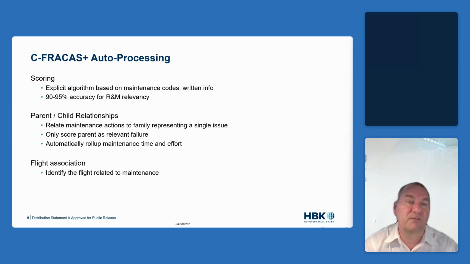It identifies what that true problem is and sets it as the parent, and then it relates all the associated maintenance time and maintenance effort to that parent. And that represents probably about 30% of the maintenance that goes on. It's trying to create that relationship. So that's really important to us to make sure that we get accurate counts of what truly is problematic.